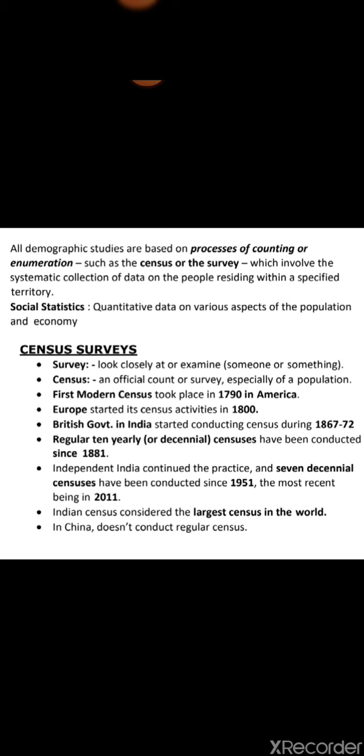According to the 2011 census, the population of India is 121 crore, the most populous state is Uttar Pradesh and the least populous is Sikkim. Indian census is considered the largest census in the world. China doesn't conduct regular census.